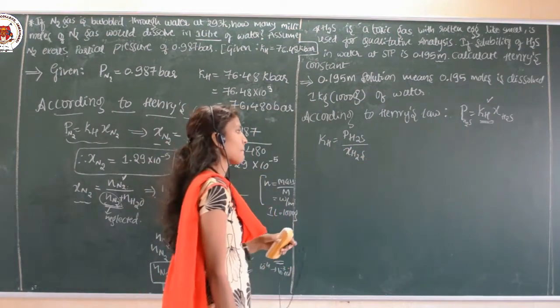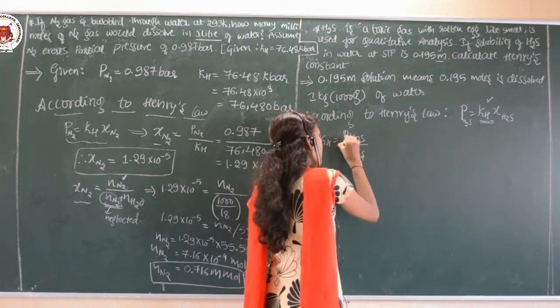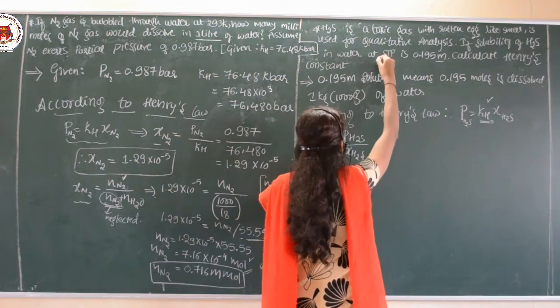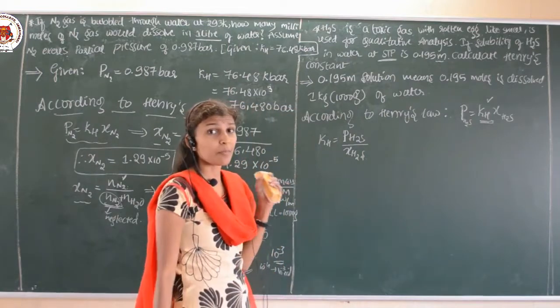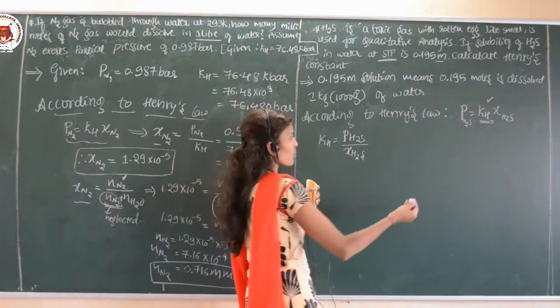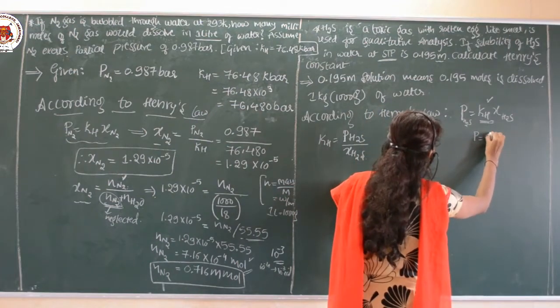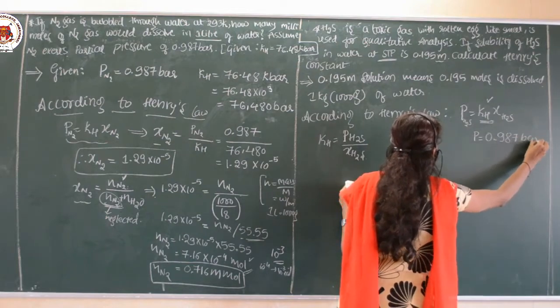Now, PH2S: for this there is one clue in the question, that it is taken at STP, standard temperature and pressure. So, at standard pressure and temperature, you have to take the pressure as 0.987 bar.